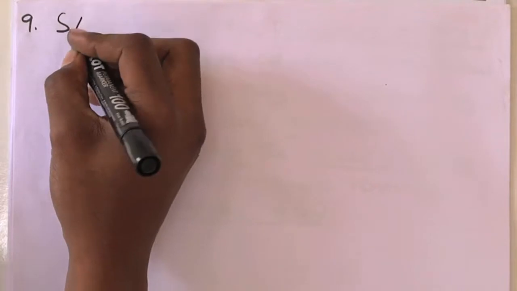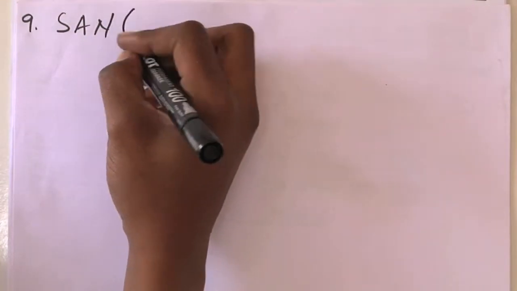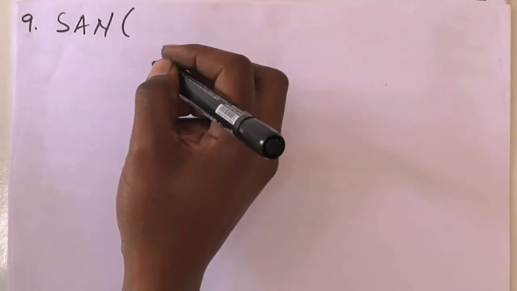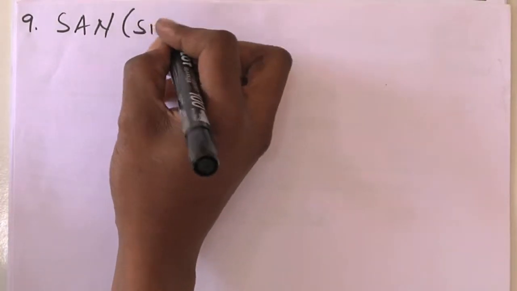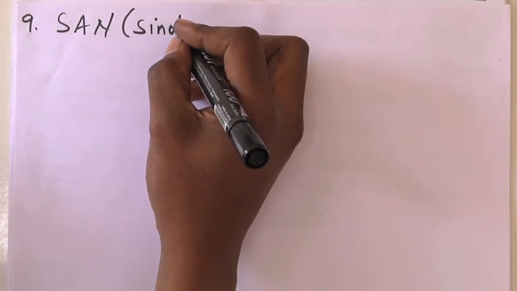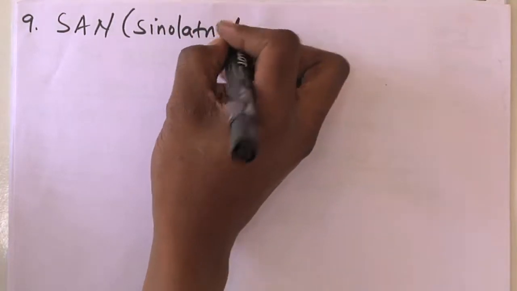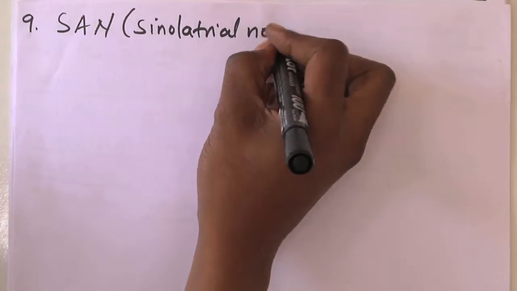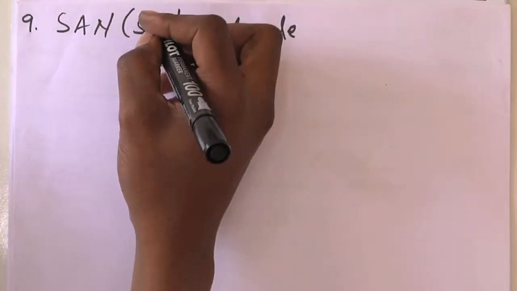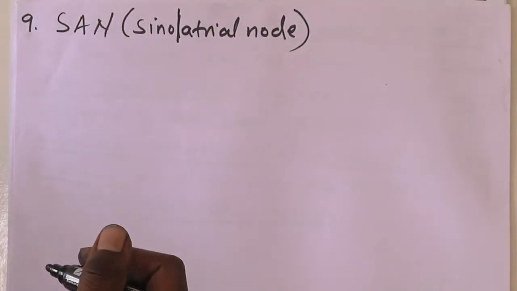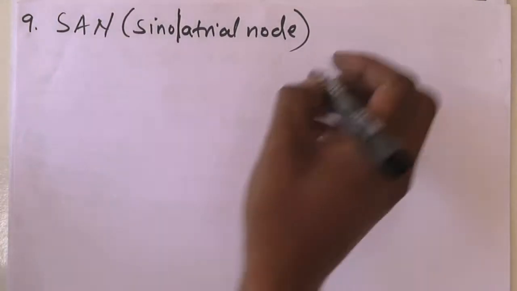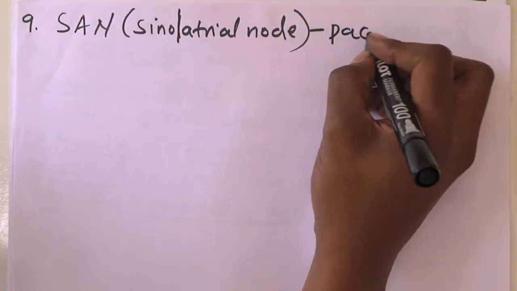So the other part that is found on the right atrium is what we call the SAN. What does SAN mean? SAN is what we call the sinoatrial node. And what does the sinoatrial node mean? This is also what we call the pacemaker.